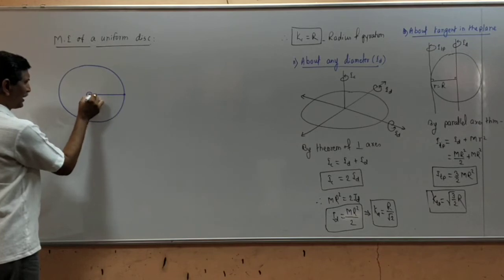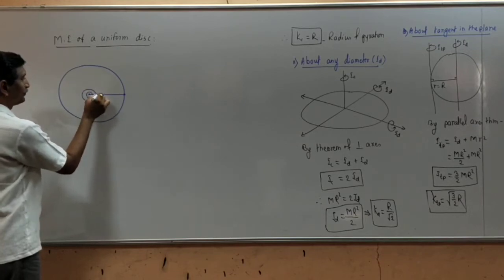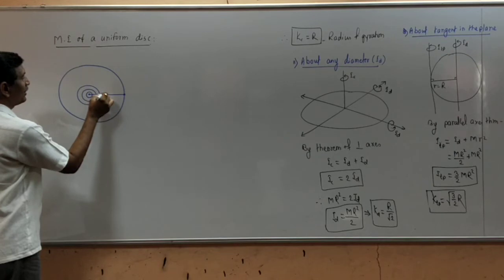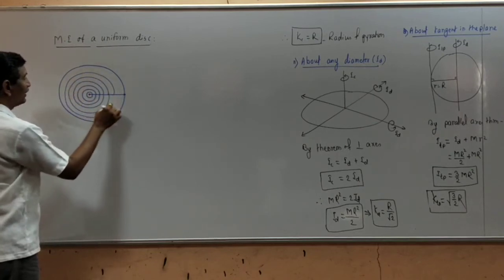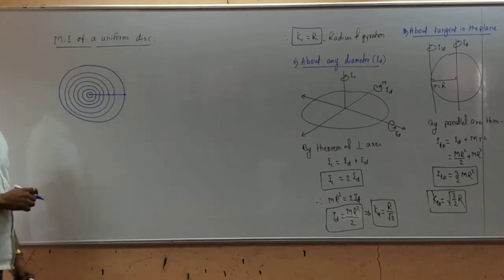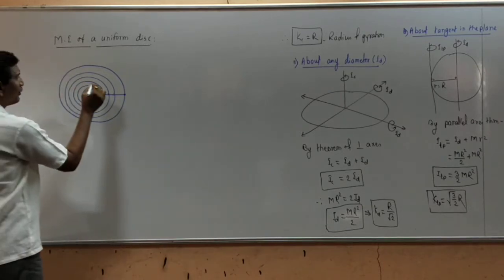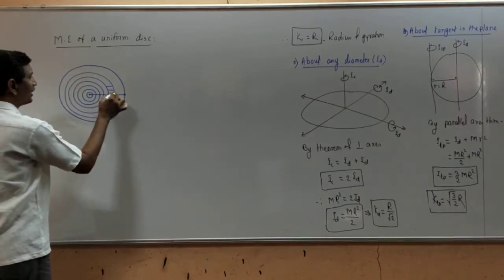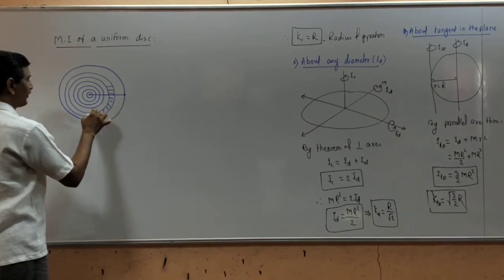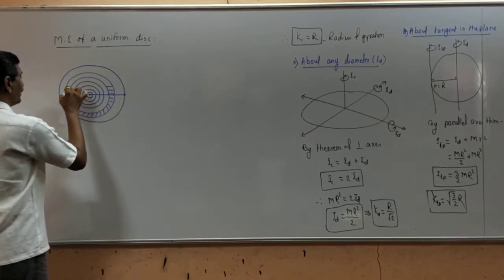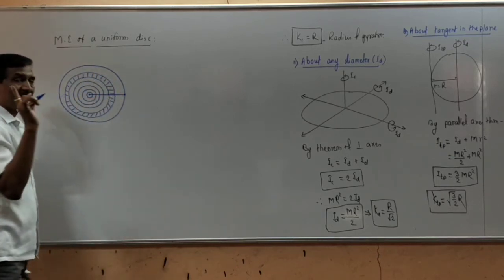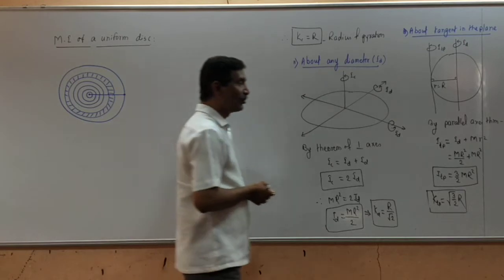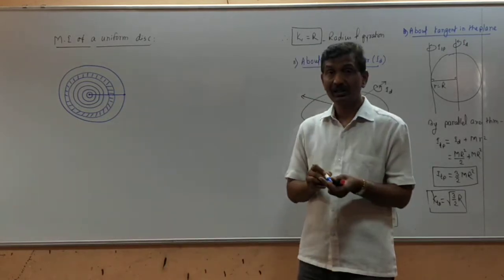So consider the situation like this. This disk is made up of a large number of concentric rings of equal thickness. So to calculate its moment of inertia, we consider any one of its rings, and from the moment of inertia of this one ring, we calculate the moment of inertia of the whole disk.